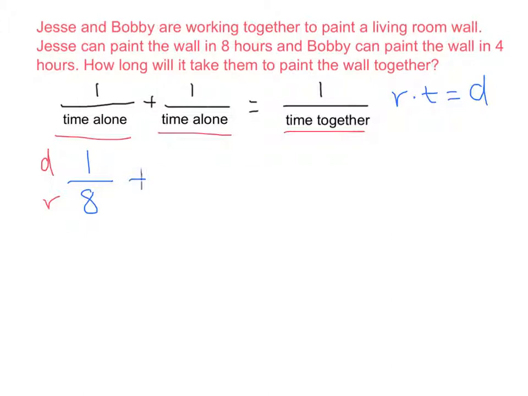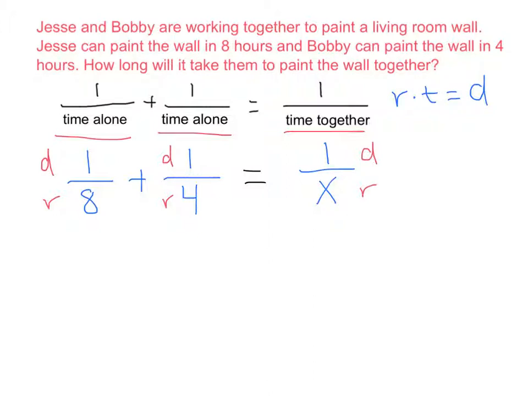And what we'll do is we will add however long it takes Bobby to paint one wall. So rate over distance. And we're going to set that equal to however long it takes them to paint one wall together. We don't know the time. That's our variable. But it's the same idea. This is the distance. This is the rate.